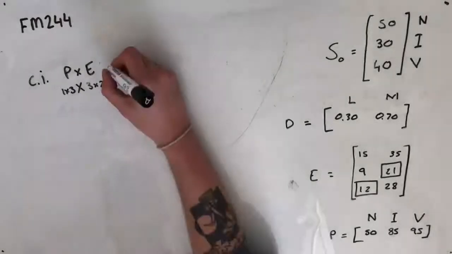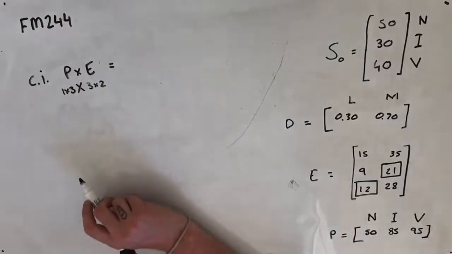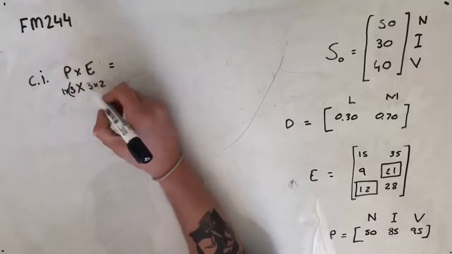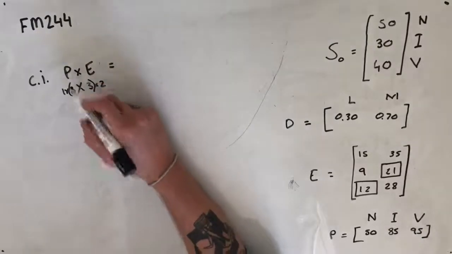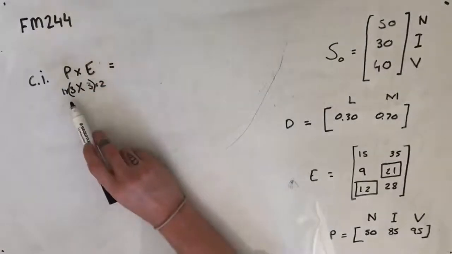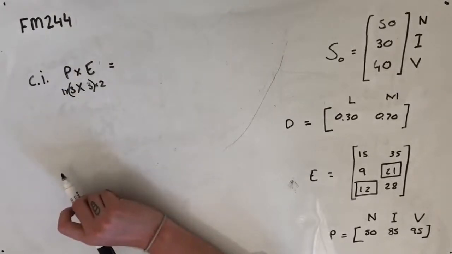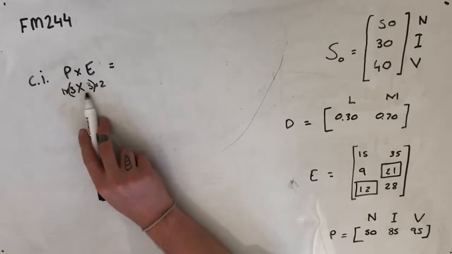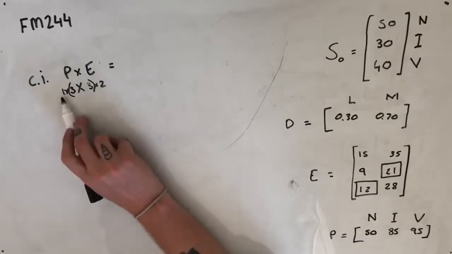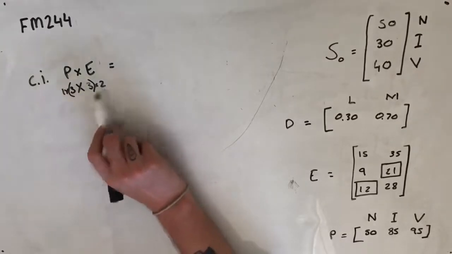Some of the clues that help us get to this answer are, first of all, the number of columns in our first matrix, matrix P, is equal to the number of rows in our second matrix, matrix E, which means that the product is defined, but it will also give us an answer that is a 1 by 2 matrix.